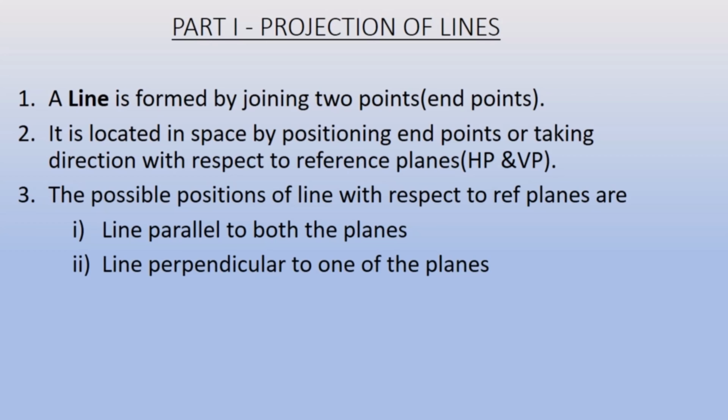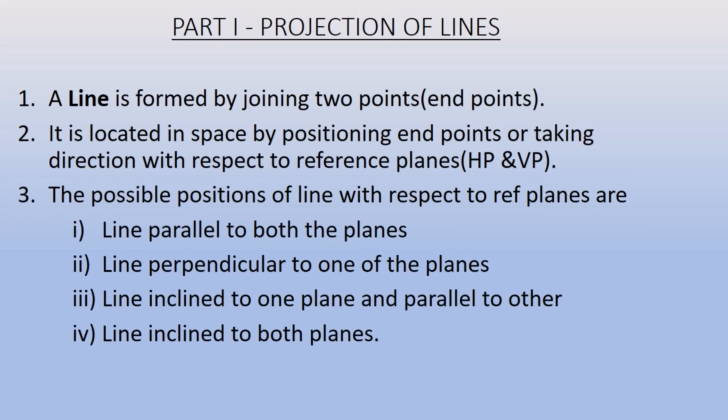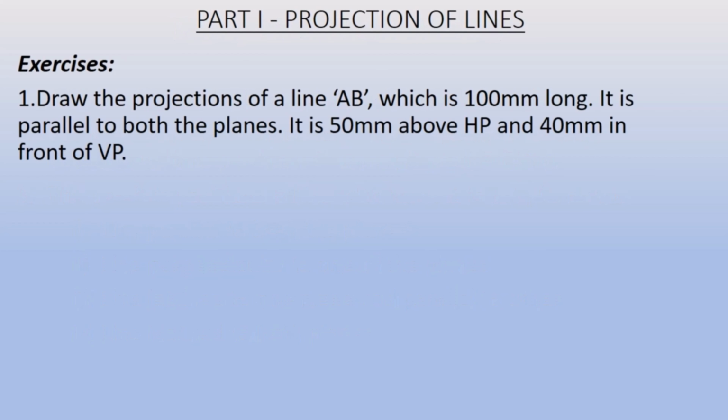In the next scenario, line may be perpendicular to one of the planes and parallel to the other. In the third case, line inclined to one plane and parallel to other. And in the fourth case, line inclined to both the planes. So we will see these 4 cases one by one by doing some exercises.